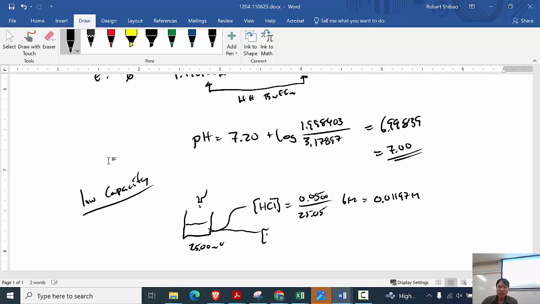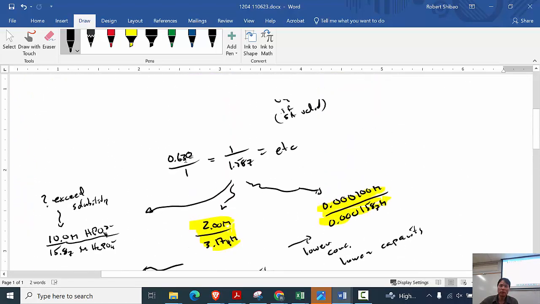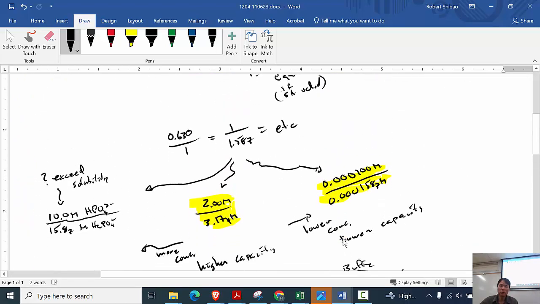Then we'll go to the acid component here, H2PO4 minus, which is going to be a 25 to 25.05 dilution of, what was the concentration of the low capacity buffer?